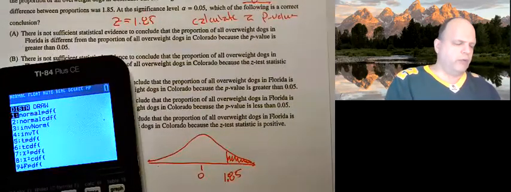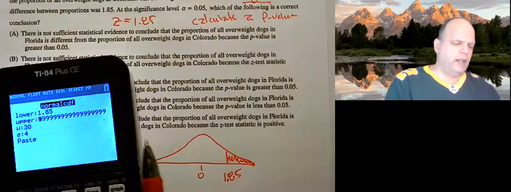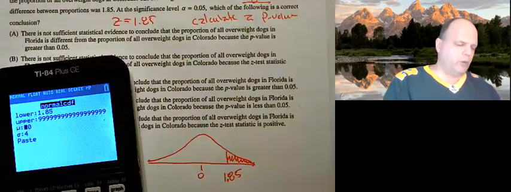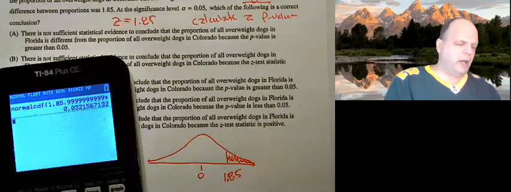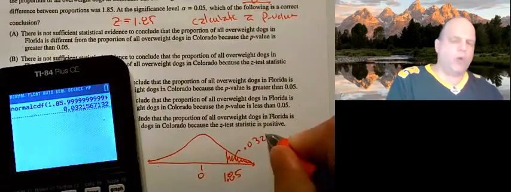So second vars, normal CDF, lower bound 1.85, upper bound infinity, z-scores are 0 and 1, and I get a p-value of 0.0321.